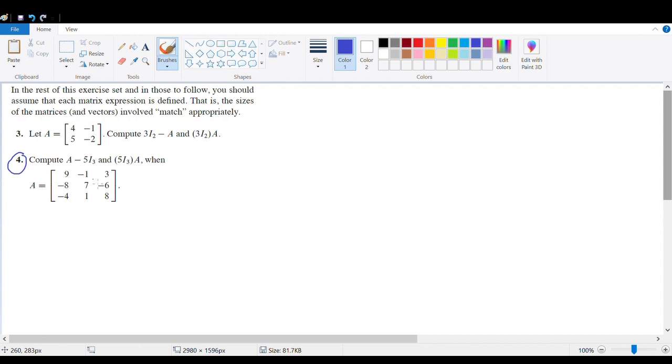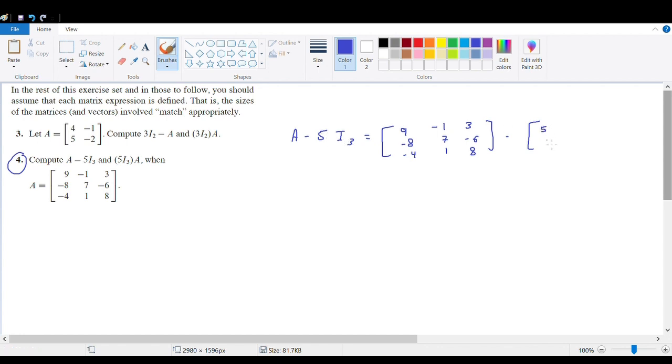So let us find the first one, A minus 5I3. That means our matrix A, 9, minus 8, minus 4, minus 1, 7, 1, then 3, minus 6, 8, minus 5I3. That means we multiply the 3 by 3 identity matrix by 5.